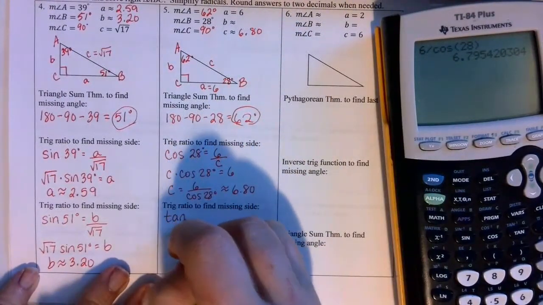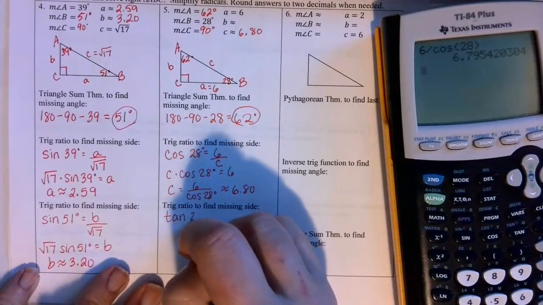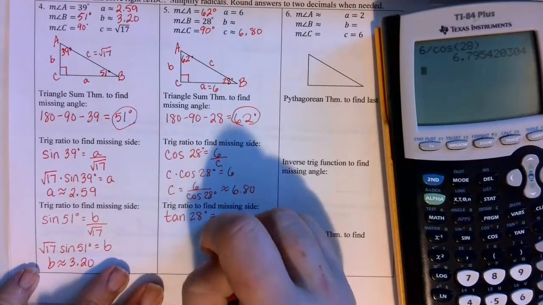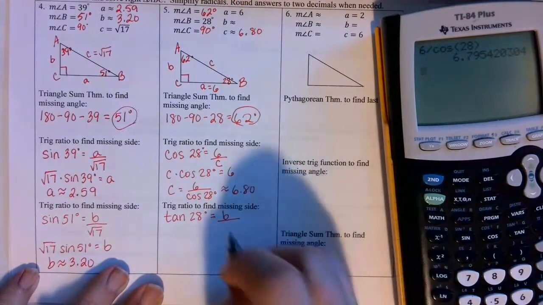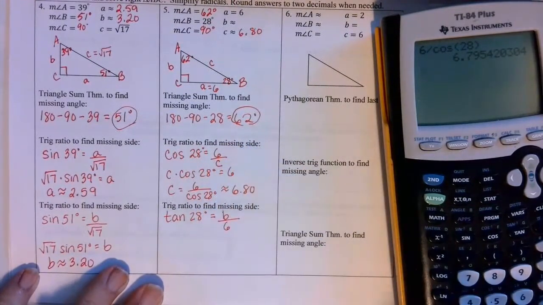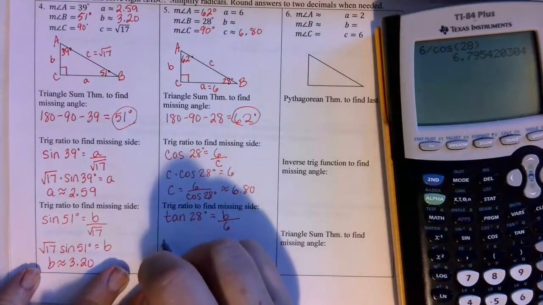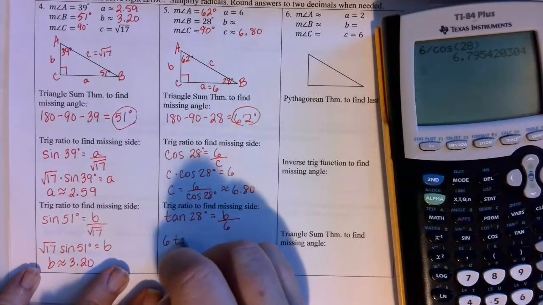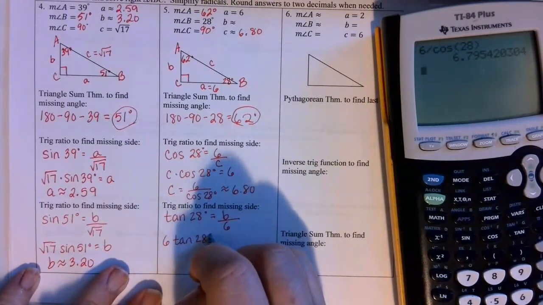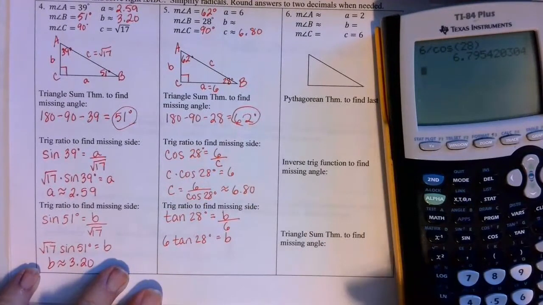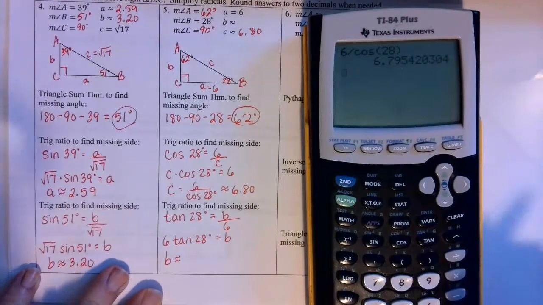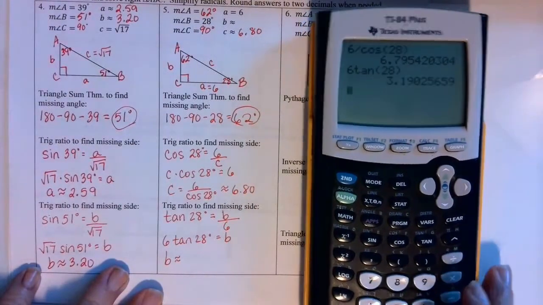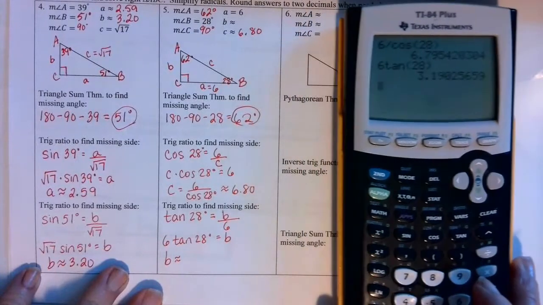So tangent of 28 is equal to the opposite, which is B, divided by the adjacent, which is 6. So I'll multiply both sides by 6 to get B by itself, and then we'll evaluate that in the calculator. So 6 tangent of 28 is 3.19.